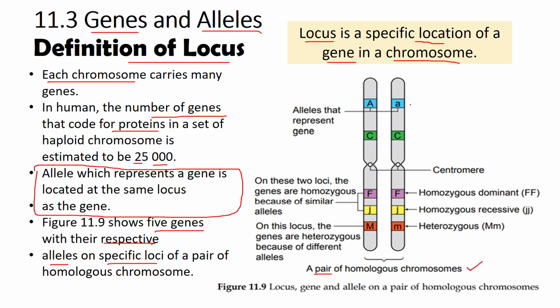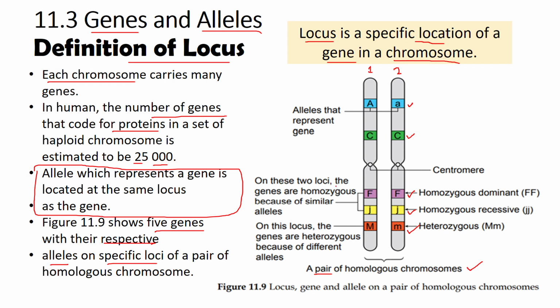So you can see 5 genes over here, 1, 2, 3, 4, 5. So 1 is homologous to 2, and 2 is homologous to 1. That means they are a pair of homologous chromosomes.